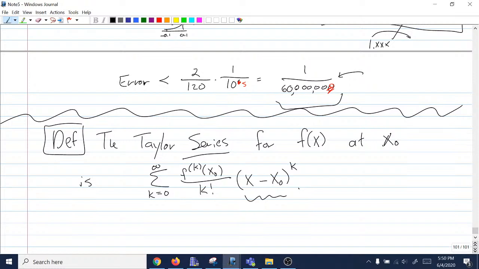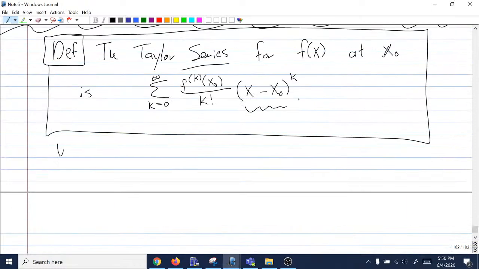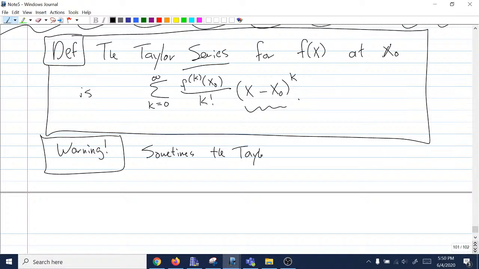This is the Taylor series for a function, and it's defined whenever the series converges. Okay, here is an unfortunate fact. There are functions where the Taylor series exists and it converges, but it doesn't converge to the function. Warning: sometimes the Taylor series doesn't converge to f of x.